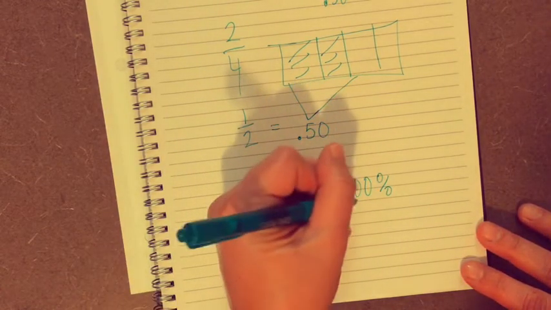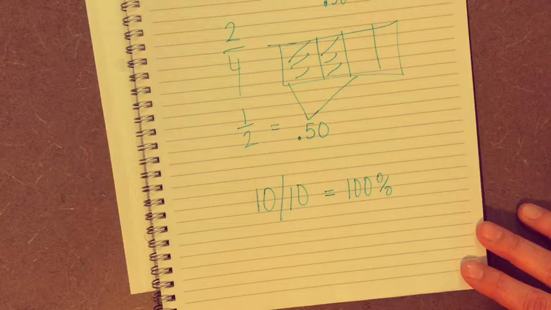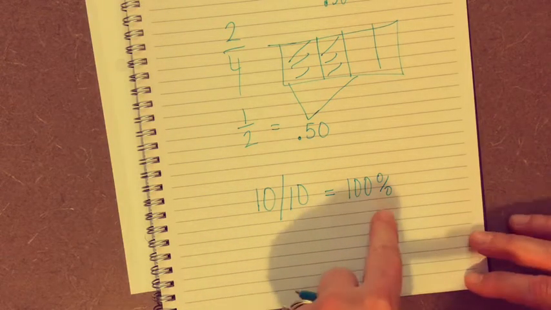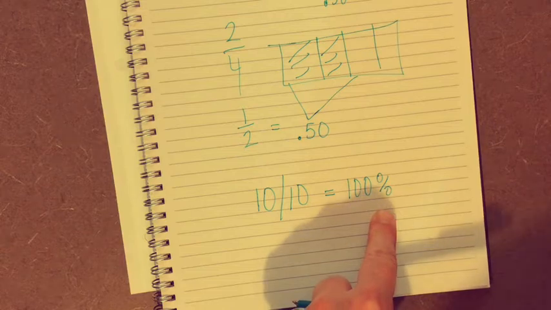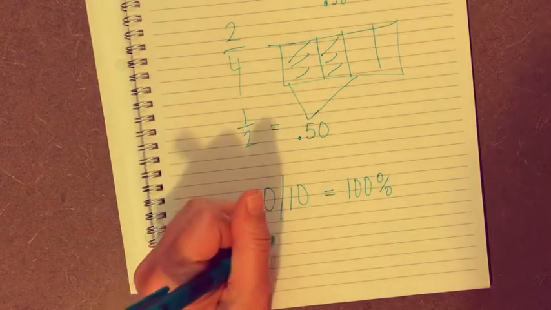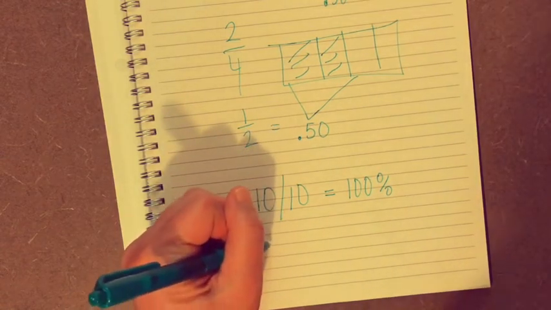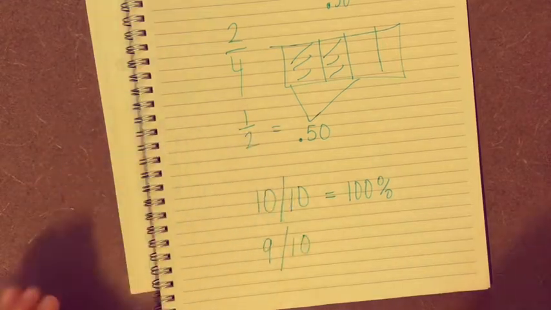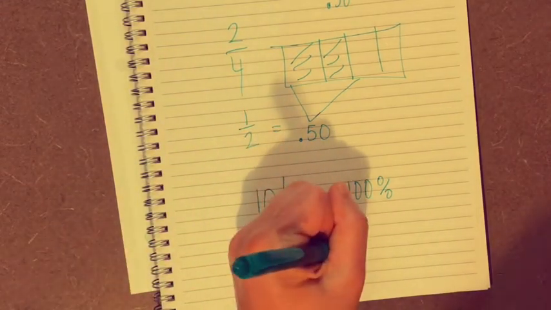Or we could say you got 10 out of 10. It literally is just thinking of it in a different way, but it's the same thing. If you took a quiz and only got 9 out of 10, that would be the equivalent of 9/10.